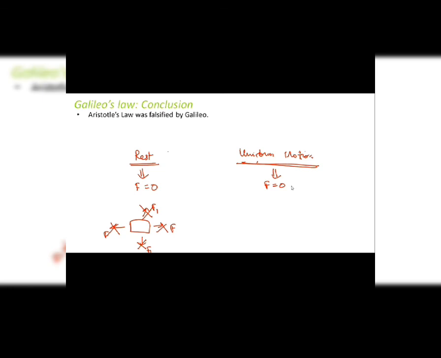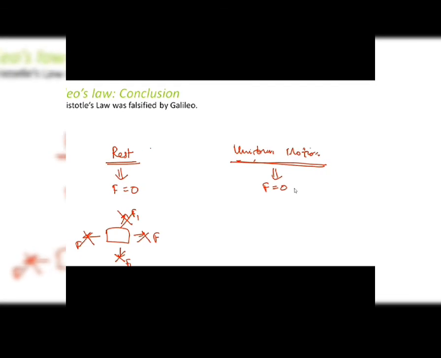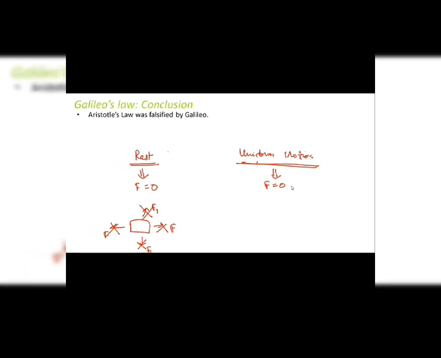Initially, there were many scientists who wanted to know about motion, about the cause of motion. Many of them were doing studies and research on it. Their focus was completely on uniform motion, on what happens during uniform motion. So Galileo told that Aristotle was incorrect. He corrected Aristotle's law, and then he told that a body at rest is considered equivalent to a body in uniform motion.